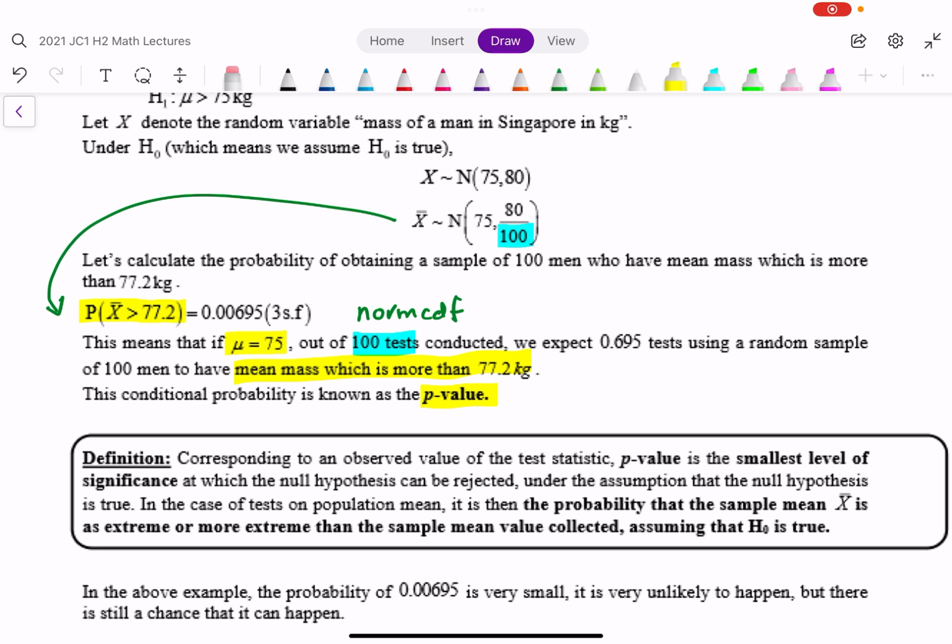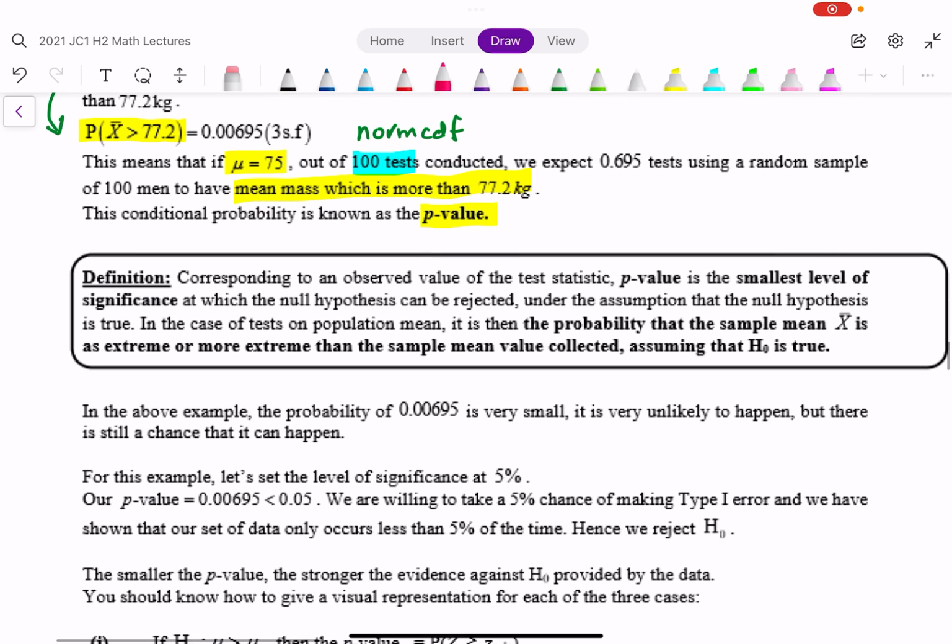If you look at the definition in the box here, this definition is important. You need to memorize this definition. The definition of the p-value is the smallest level of significance at which your H0 will be rejected, assuming that your H0 is true.